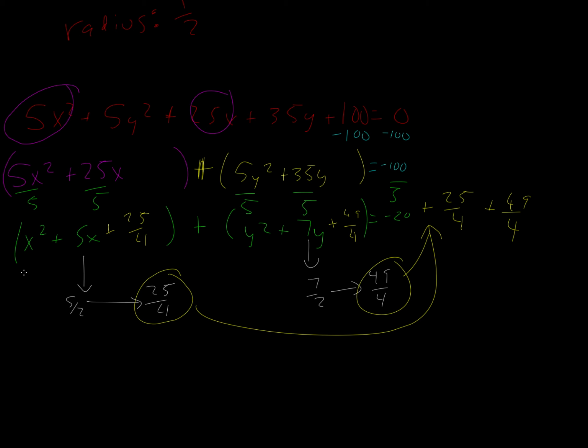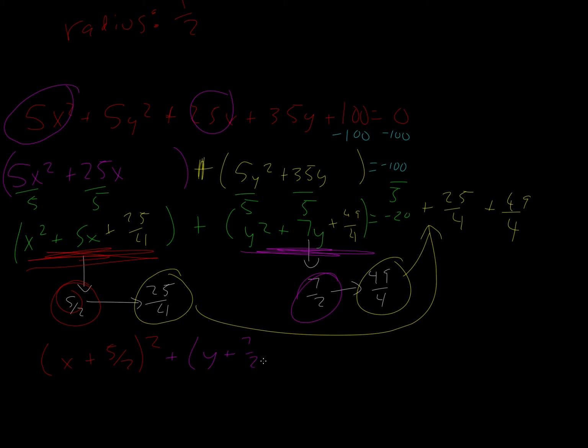Okay, now I'm going to focus on this and do a magic step. So it's x elbow squared. Then I'm going to focus on this and do a magic step. So y and then elbow plus 7 halves, squared.